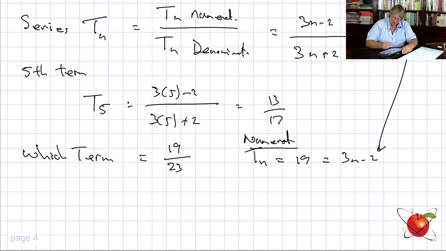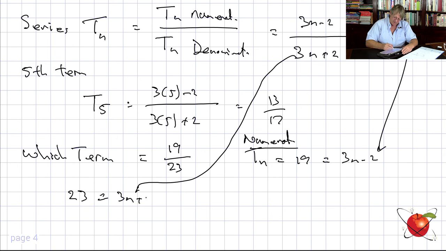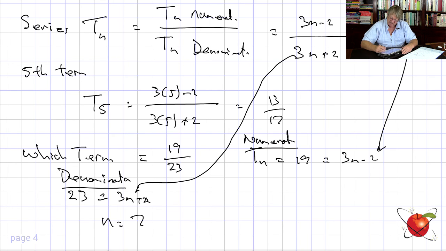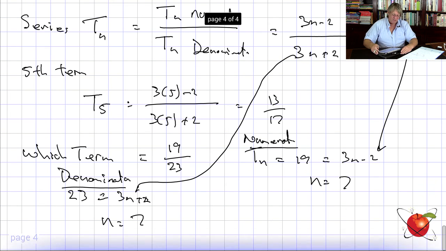Or you could say that 23, the denominator, must be equal to the denominator formula. You calculate n, and n over here is equal to 7, and n over here is equal to 7.